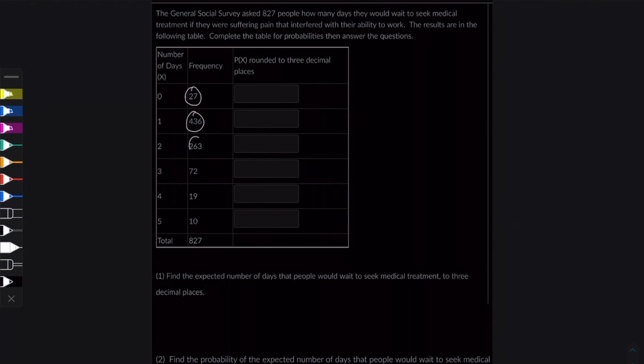So now we have to take the frequencies divided by the total in order to find our probability of each outcome. So for the first one, we would just take the frequency over the total, and we're going to do this for all of them.